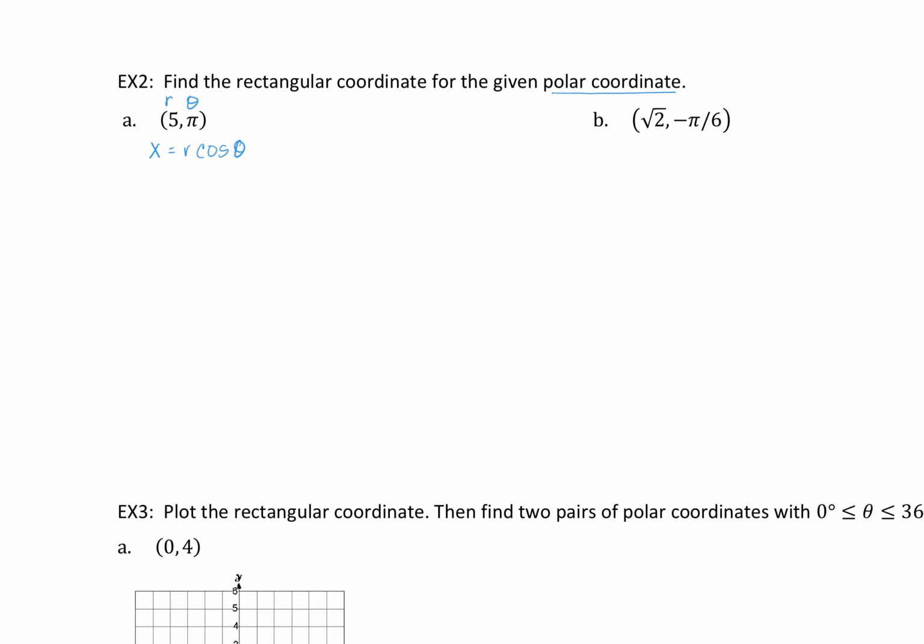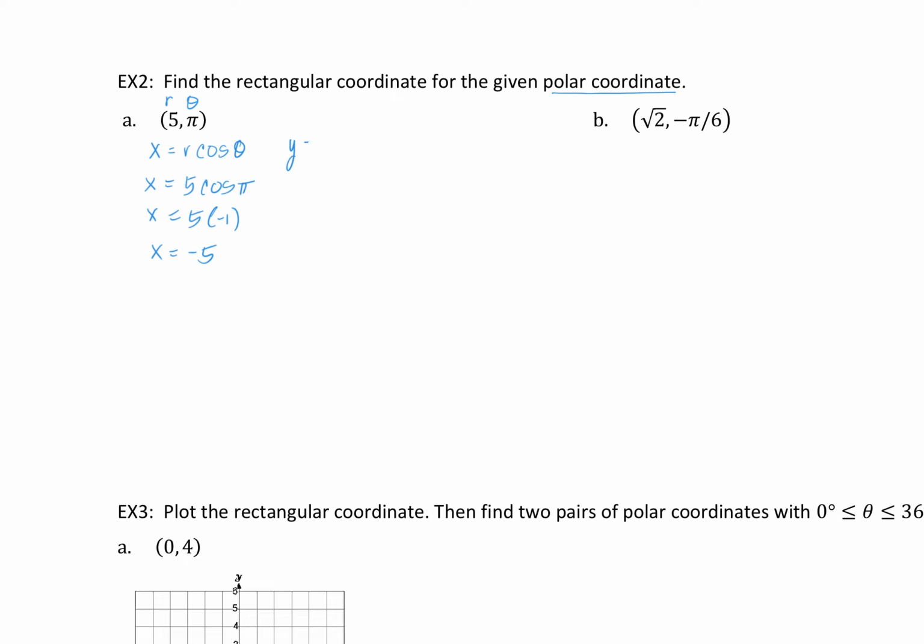So all I have to do is substitute 5 for r and pi for theta. That's my x value. So it's going to be 5 times negative 1. x is going to be negative 5.